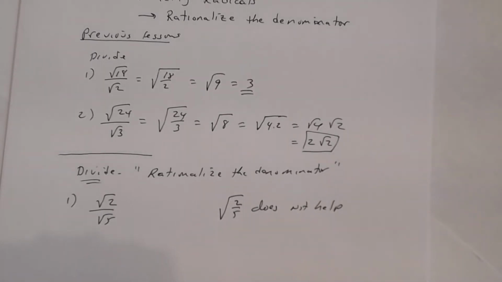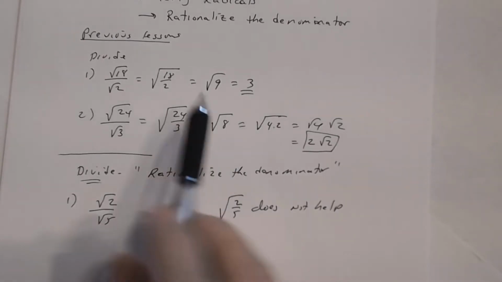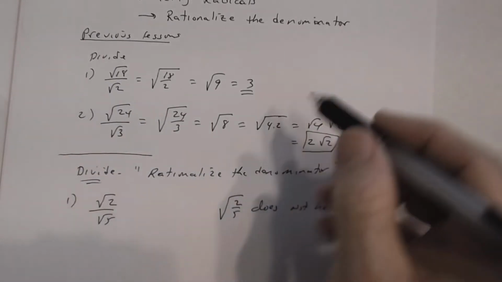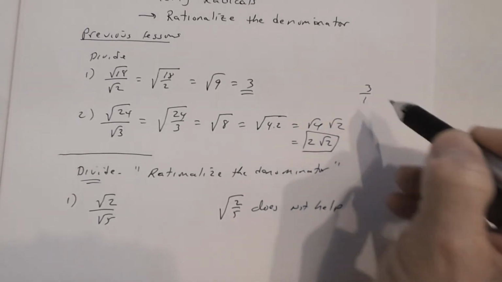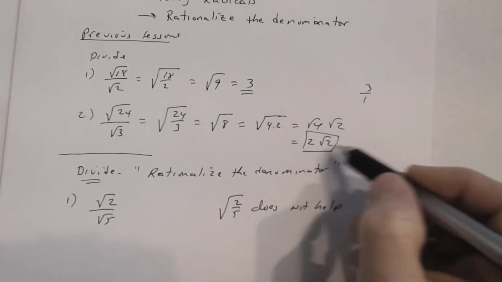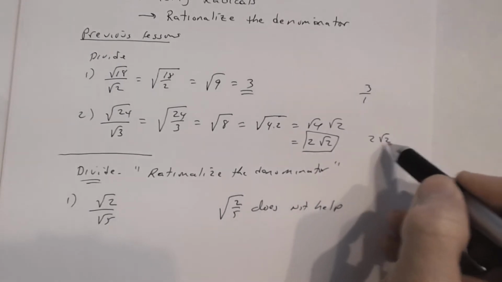Notice that when I look back at number 1 and number 2, the answers were 3 divided by 1, and 2 square root of 2, which is the same thing as 2 square root of 2 divided by 1.